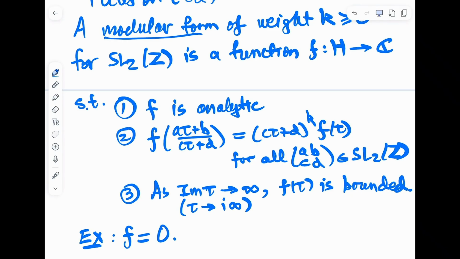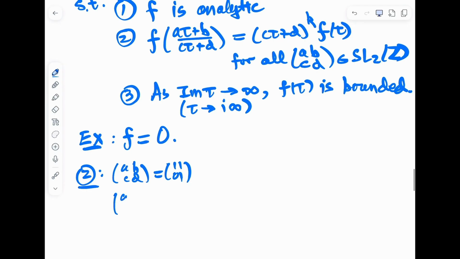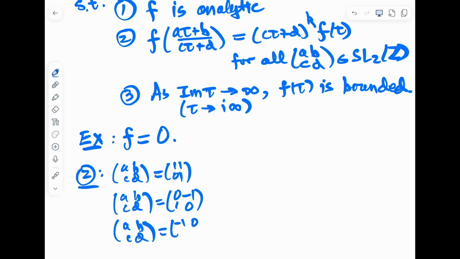But in any case, let me just show you a few things, what this condition 2 says. If the matrix is (1, 1, 0, 1), or if the matrix is (0, minus 1, 1, 0), or if the matrix is the negative identity, these are all integer matrices with determinant 1.